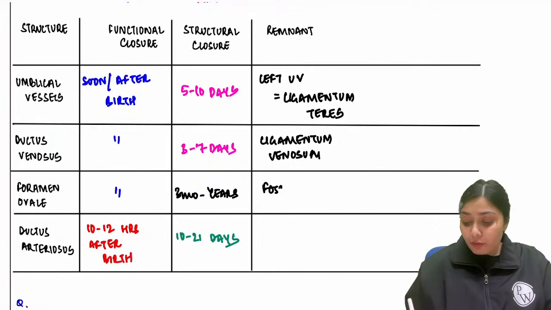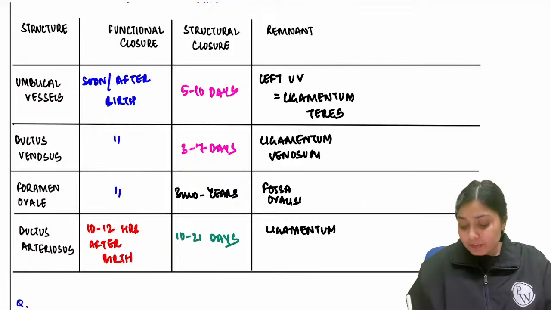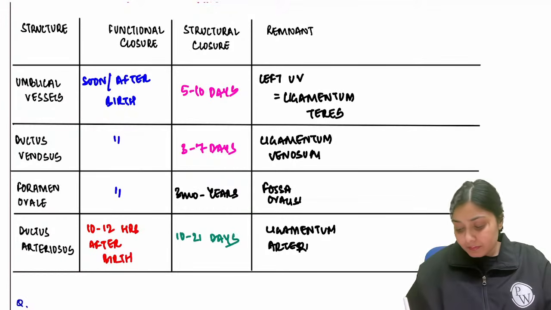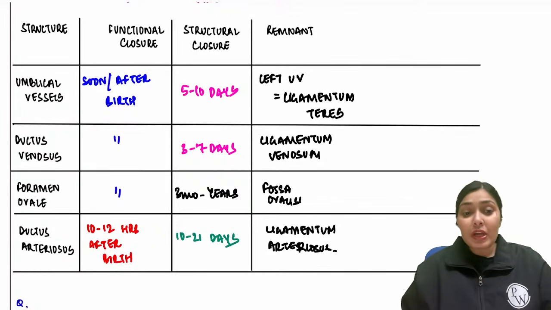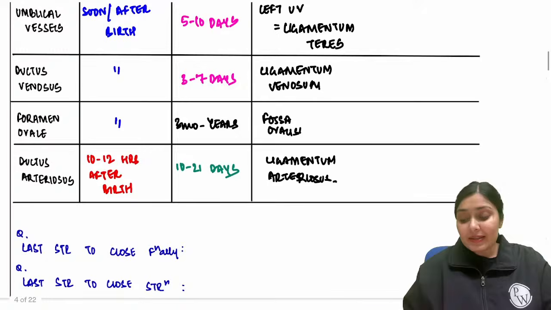Foramen ovale will form fossa ovalis. Ductus arteriosus will form ligamentum arteriosum. Right? So these are the structures. One-liners can be asked in the exam.